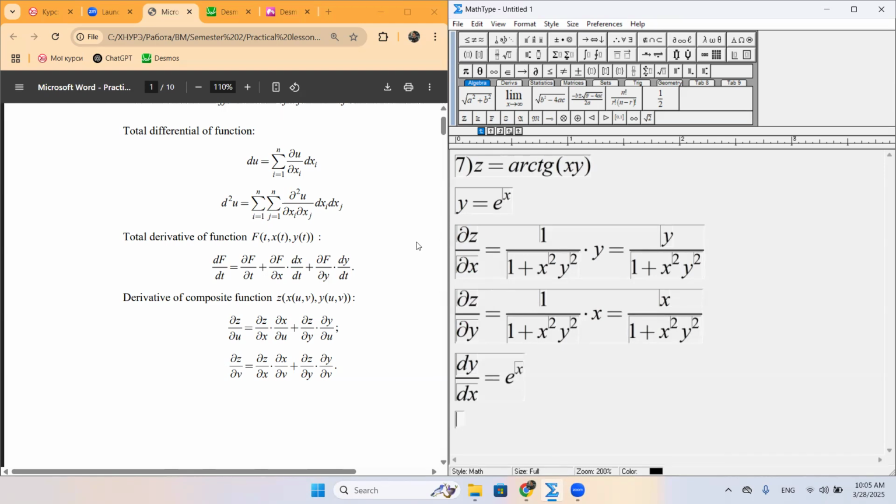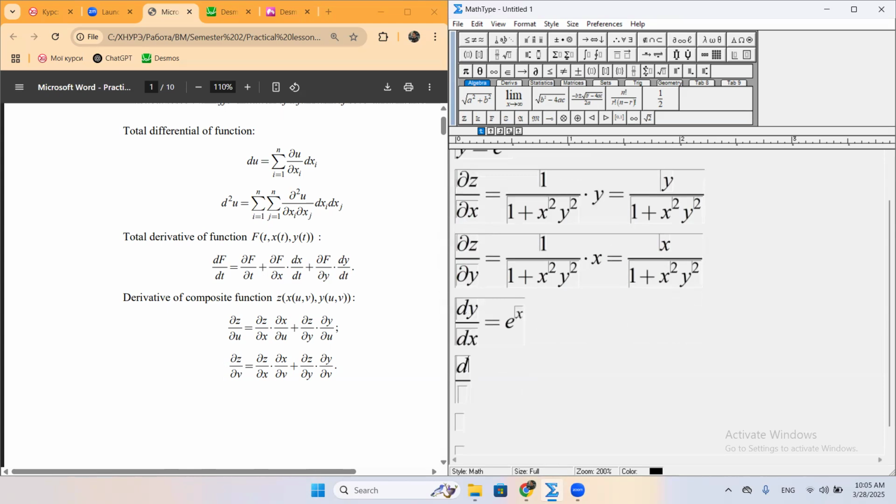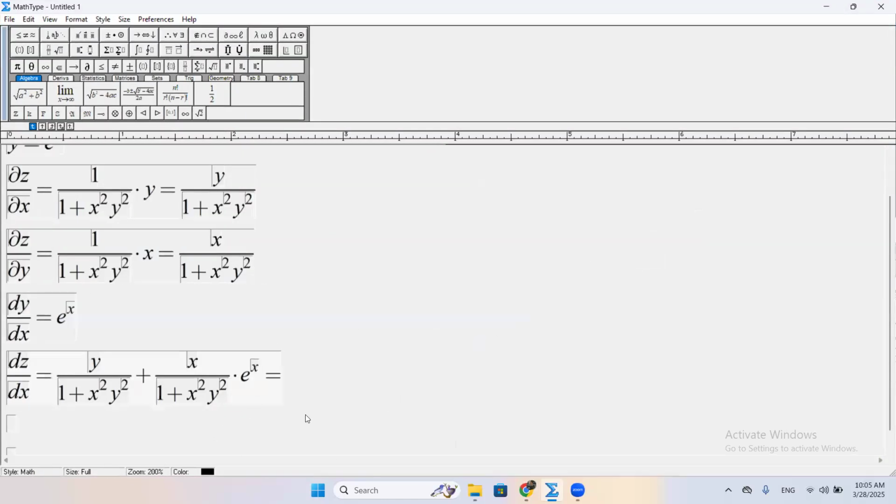And now we have everything to find the total derivative. So dz by dx equals, firstly, the partial dz by dx plus this expression multiplied by e to the power of x. Now let's move everything to the common denominator.